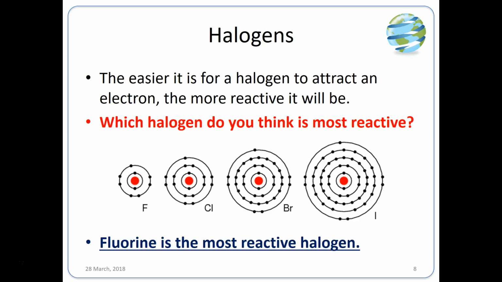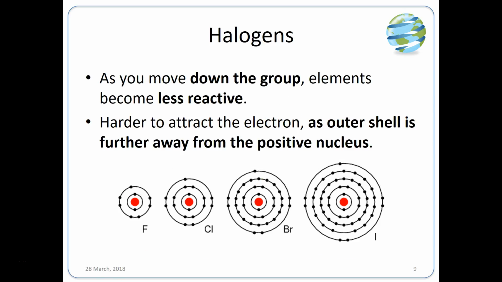So with fluorine, it's nice and close, pulling that in. With iodine, much further away, weaker attraction. So here that is explained in bullet points. As you move down the group, elements become less reactive. It's harder to attract the electron, as the outer electron shell is further away from the positive nucleus.